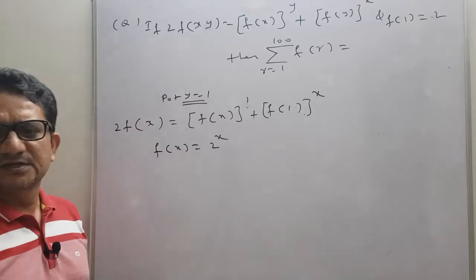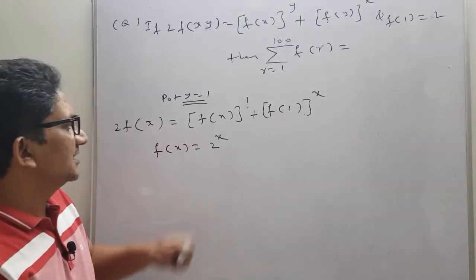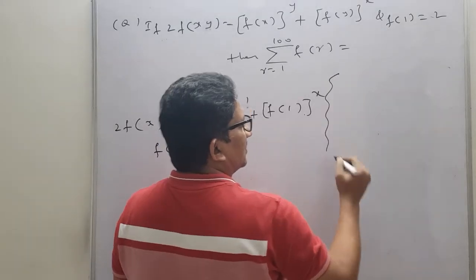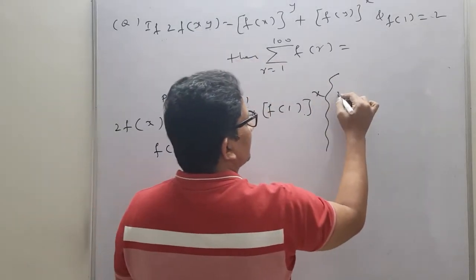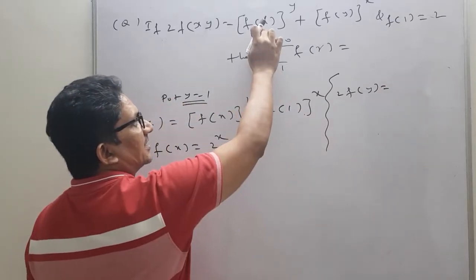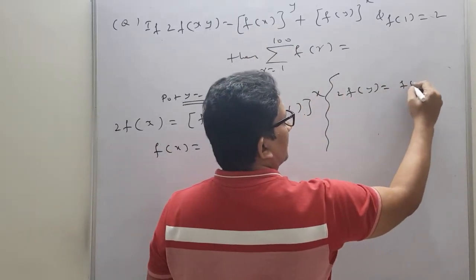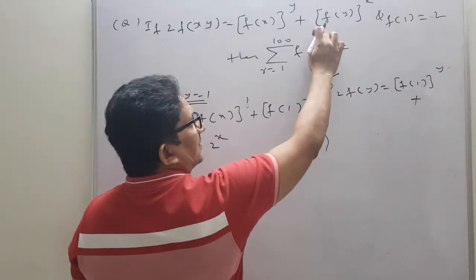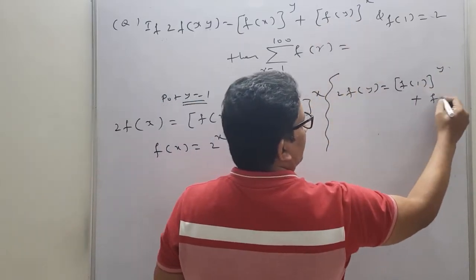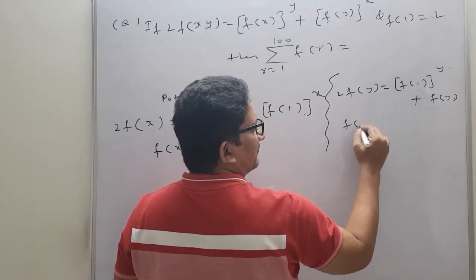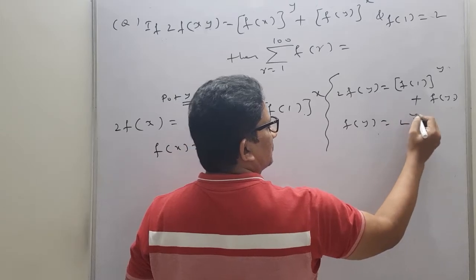Similarly, if you put x equals 1, we will get 2 times f of y equals f of 1 to the power y plus f of y to the power 1, that is f of y only, and here f of y equals 2 to the power of y.